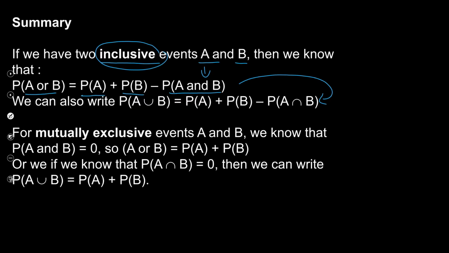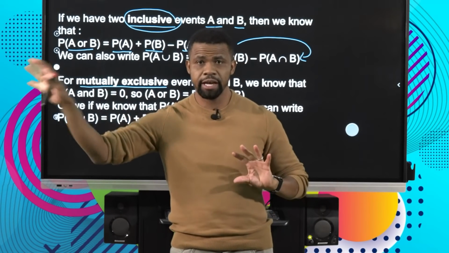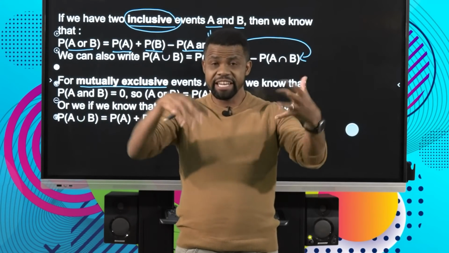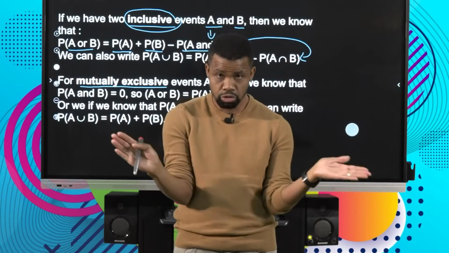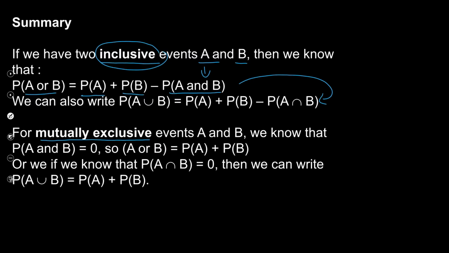But for mutually exclusive events, so mutually exclusive means the two events cannot happen at the same time. So you have a circle there, an event there, and the intersection between the two events is actually 0. There's nothing common between the two events. Are we all together? So how will this change?